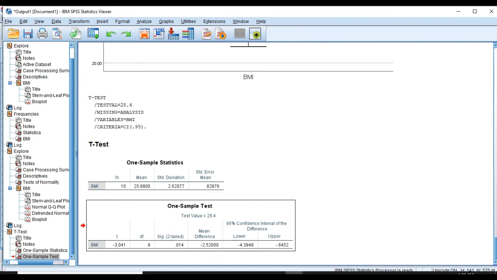So this confidence interval does not cross 0, so the means are different. Therefore, these three findings are all telling us the same thing, that the mean of our sample, 25.88, is different from the average of residents. So our null hypothesis will be rejected.